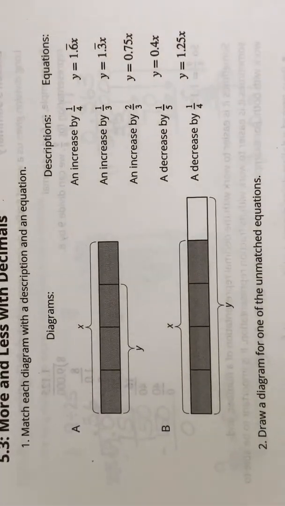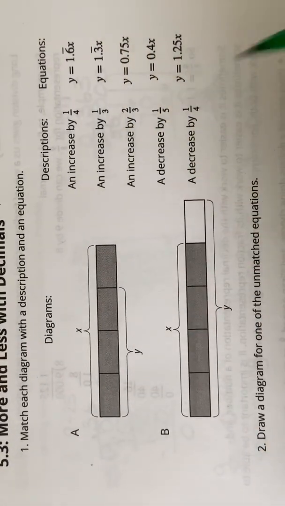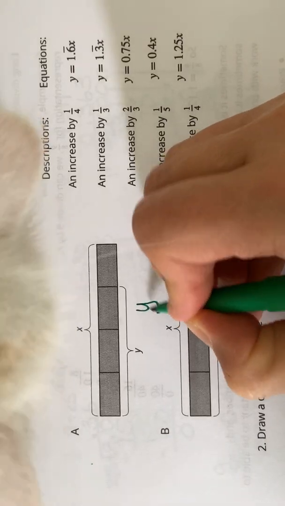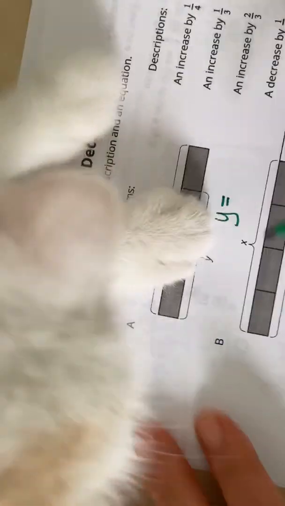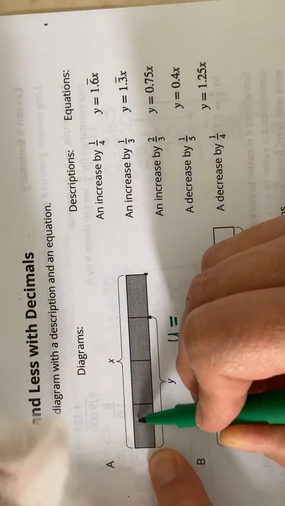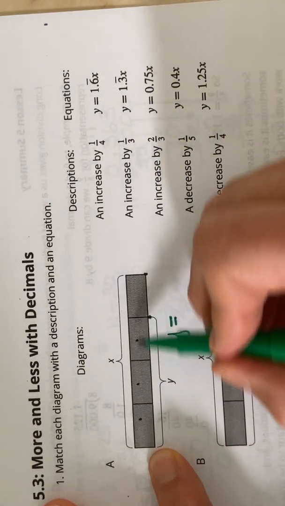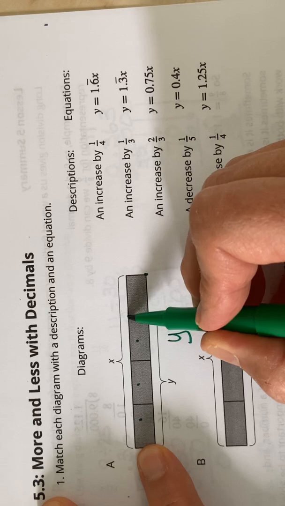Okay, would you stop? Holy moly. All right, so if I'm saying y is equal to 1 whole plus 1/3 of x, if this is x is 1/3, 2/3, 3/3, okay, I'm saying y is equal to 1 whole.